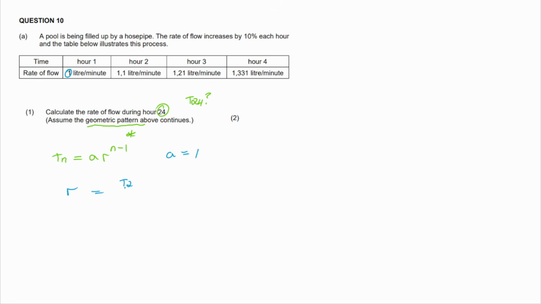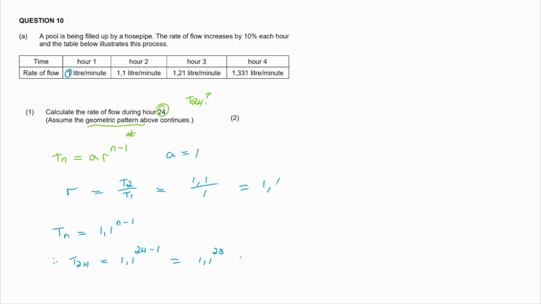That's 1.1 over 1, which is just 1.1. So we have that Tn is equal to 1.1 to the power of n minus 1. Therefore T24 is equal to 1.1 to the power of 24 minus 1, which is 1.1 to the power of 23.